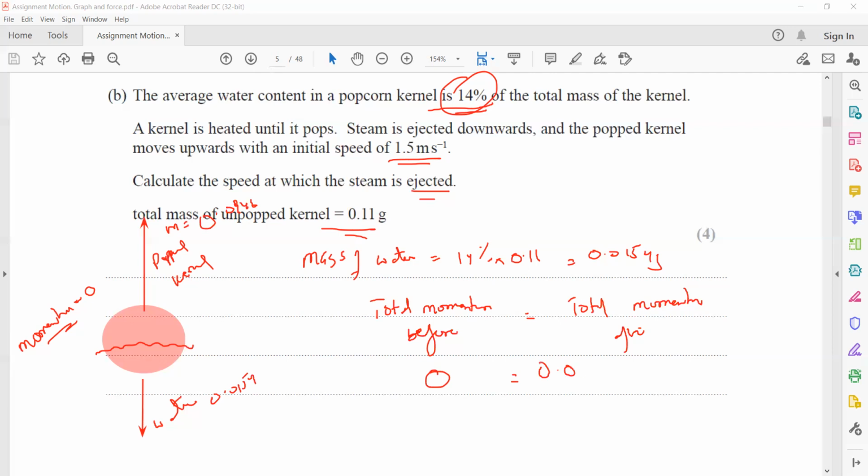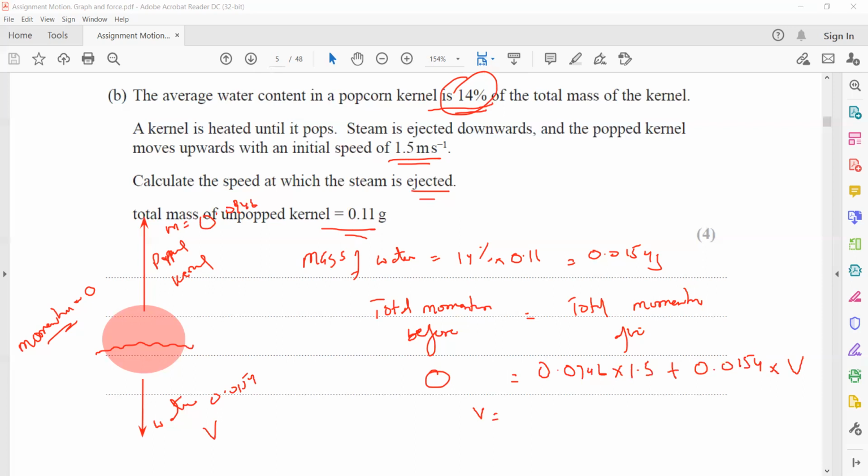So 0.0946, and it moves with a speed of 1.5, plus the mass of the water 0.0154 multiplied by the speed at which the water is moving, that's v. And we solve this equation to get the value for v.